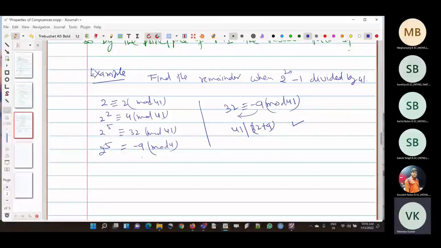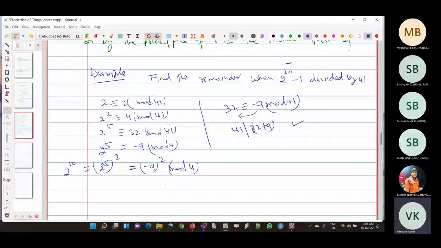So we can write like this. It is relatively easier to find the square or cube of 9 than finding the square or cube of 32. So 2 to the power 5, and we take a power of this, let us say 2. We are moving towards getting 2 to the power 20, so this will make 2 to the power 10 congruent to minus 9 squared modulo 41.